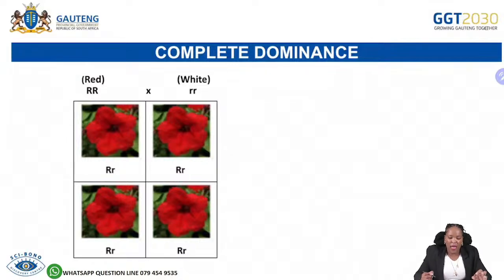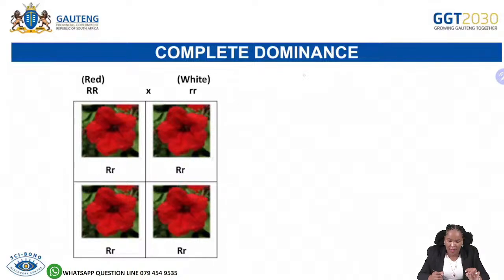Now, in inheritance, there are 3 types of scenarios that you can have: complete dominance, incomplete dominance, and co-dominance. Complete dominance, what do we mean by complete dominance? Try to break down the words before you attempt it. Complete dominance means that one allele is completely dominant over the other.